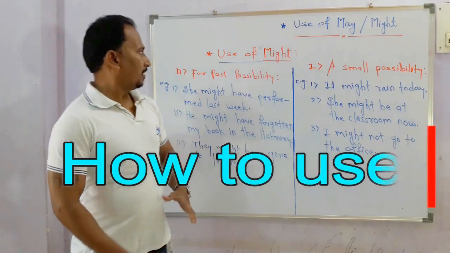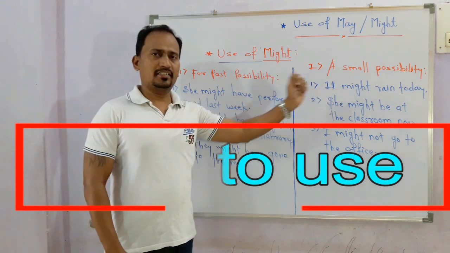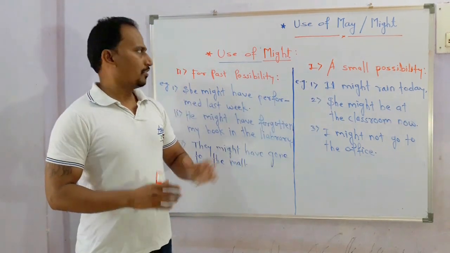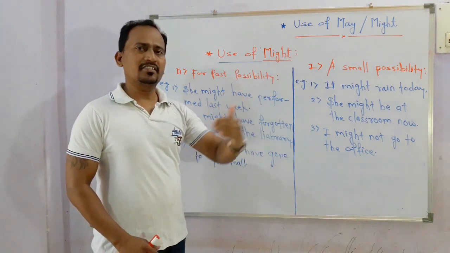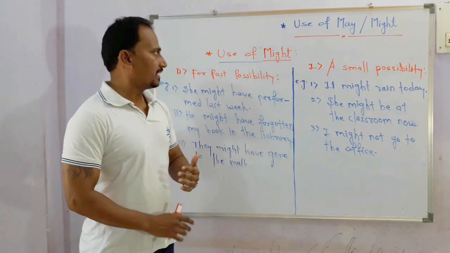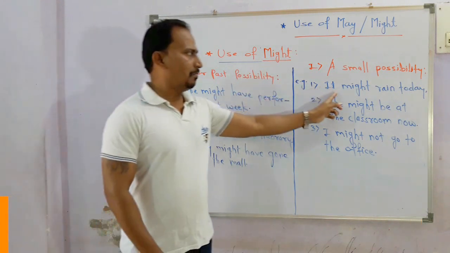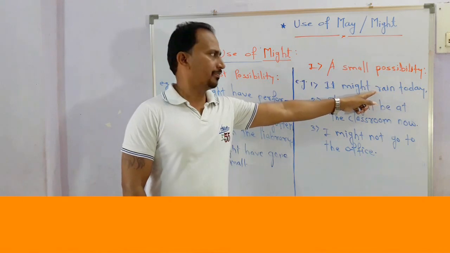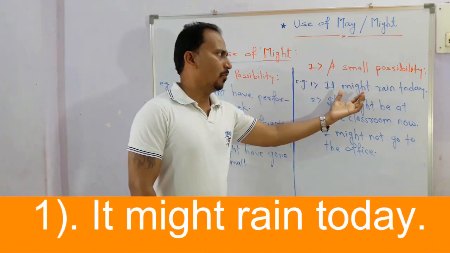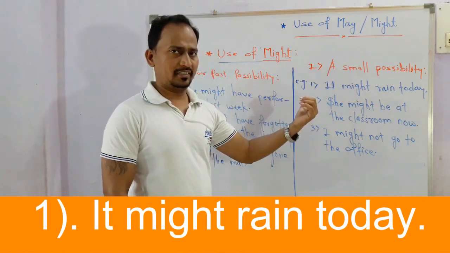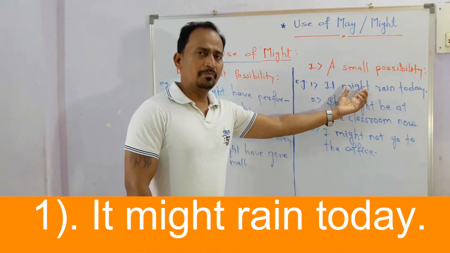Alright, now let's see how to use might in the given sentences. So may and might, these words are interchangeable. Now let's see how to use might. It might rain today. It means there is a small possibility of rain today. We can use may instead of might.